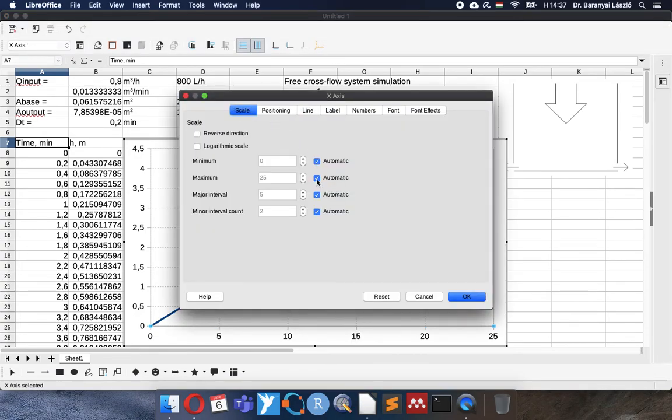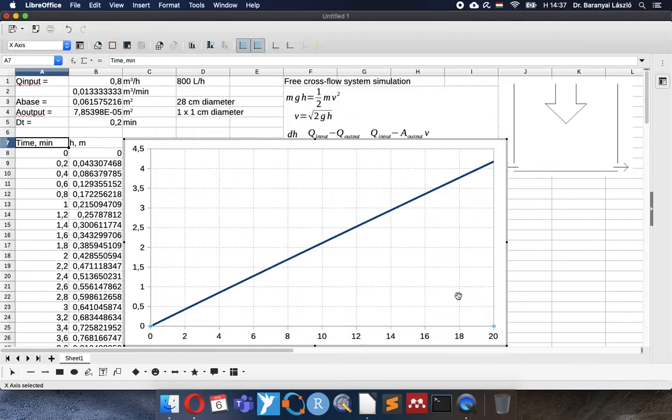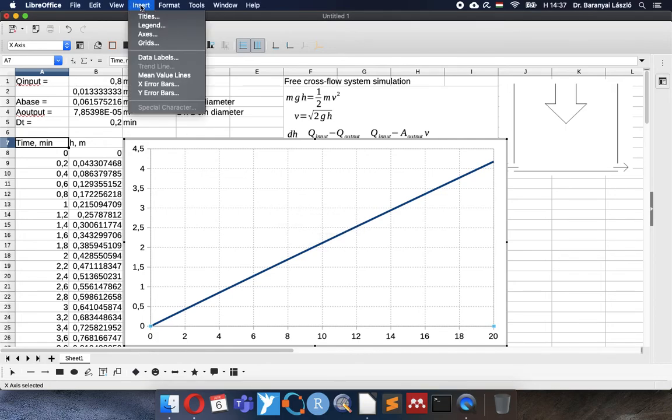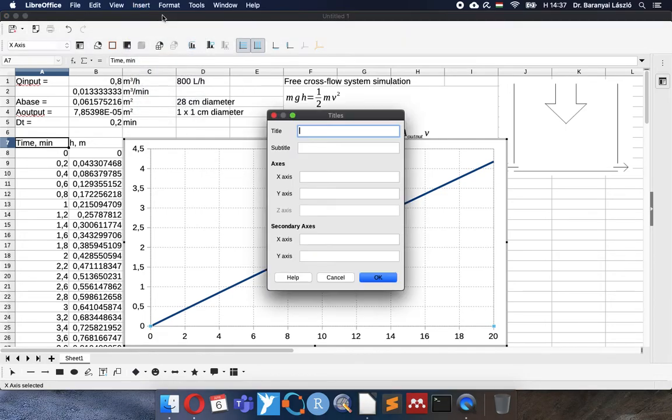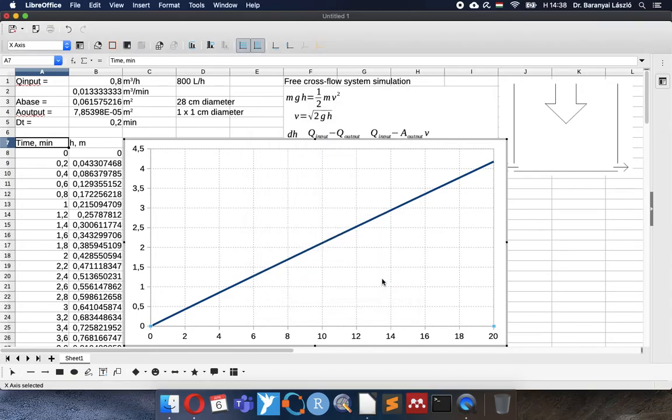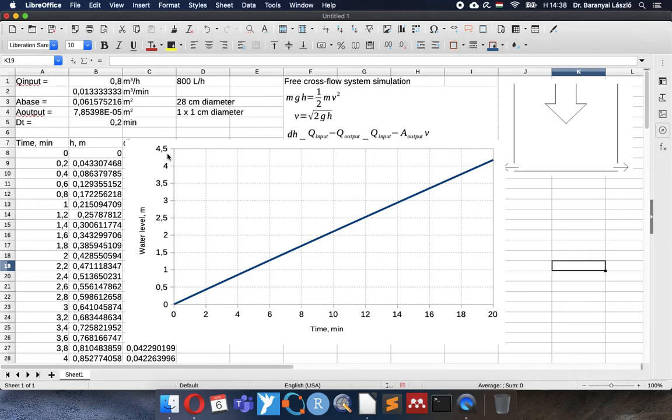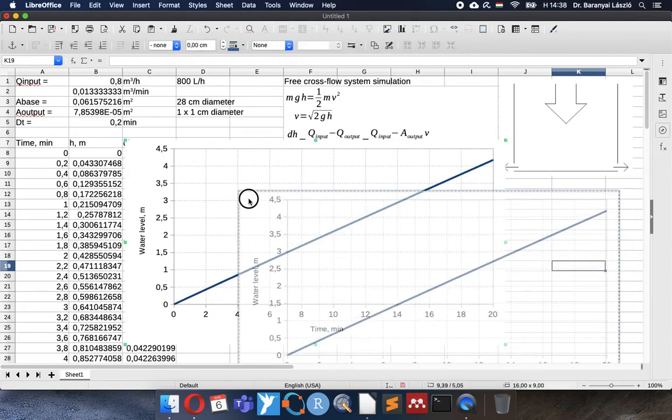The scale I will change to finish at 20 minutes since I simulated only the 20 minutes time, and of course titles are still missing. The x-axis will represent the simulation time in minutes, while on the y-axis this buffer tank water level we have water level in meter. Okay, so now the chart is finished and ready.